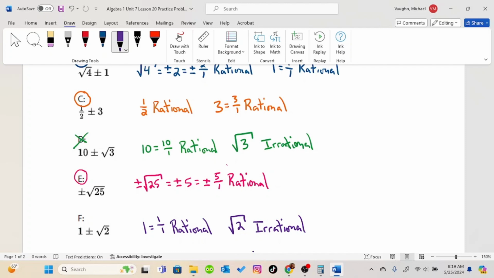If I try to add or subtract a rational number and an irrational number, I'm going to get an irrational number as my answer.